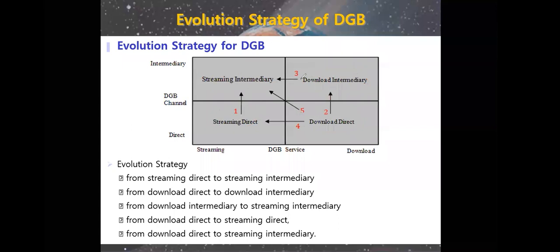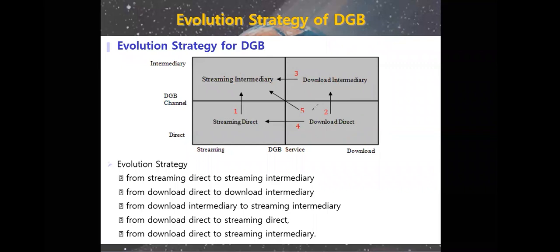Now the another one is the movement from download intermediate to streaming intermediate. Now the third and fourth are the same, but the source is different. Here the source was direct, but here the source is the intermediary. Even the third party wants to move from download to streaming. Why? Because streaming is more profitable than download, right?